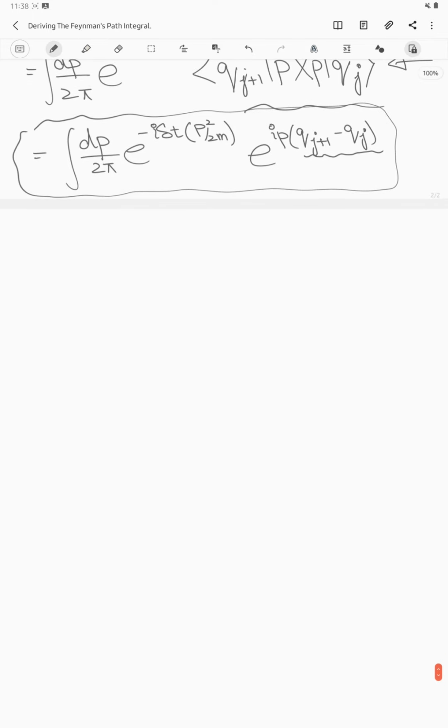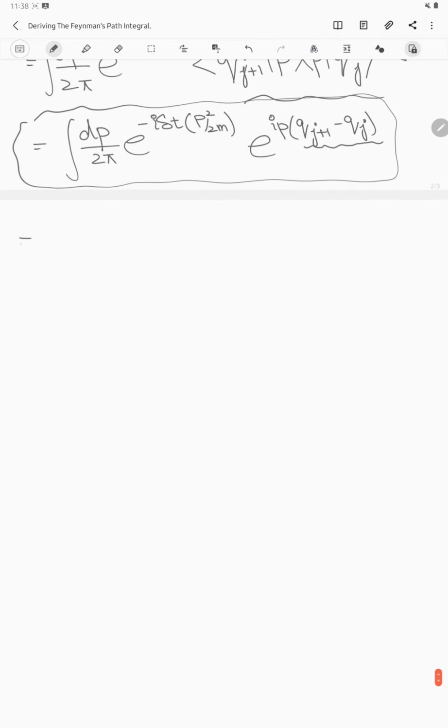And if you evaluate this Gaussian integral, it simply gives you the square root of negative iota 2 pi m over delta t, to the power 1 by 2, times exponential iota m (q_{j+1} minus q_j) squared over 2 times delta t, right?